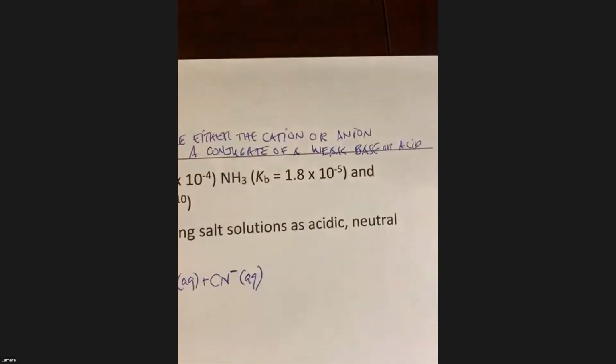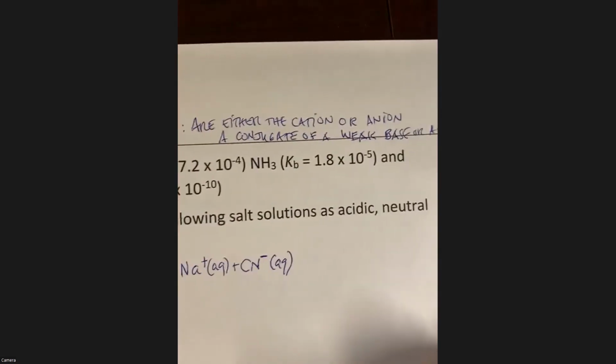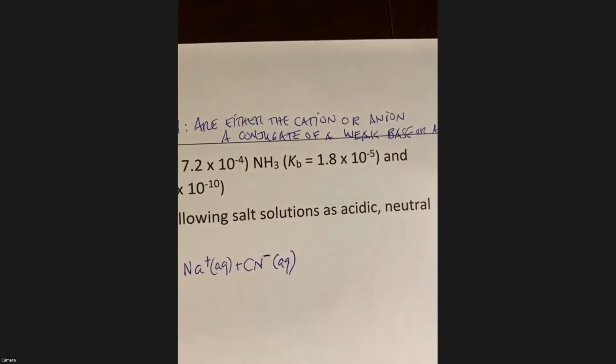Let me zoom in a little so you can see that better. So that's the strategy. Are either the cation or anion a conjugate of a weak base or acid?